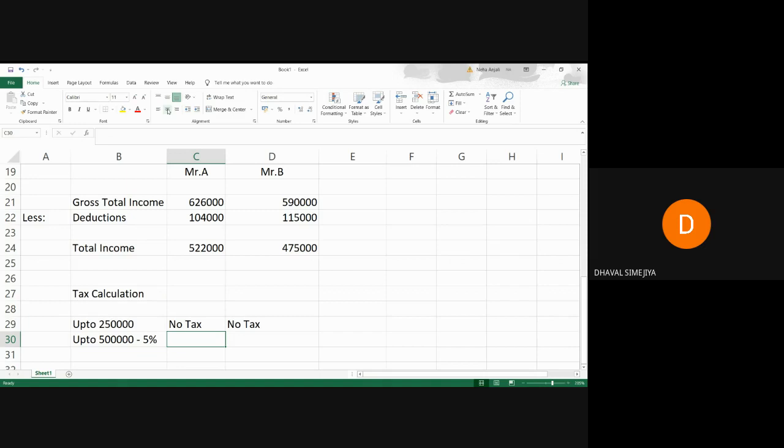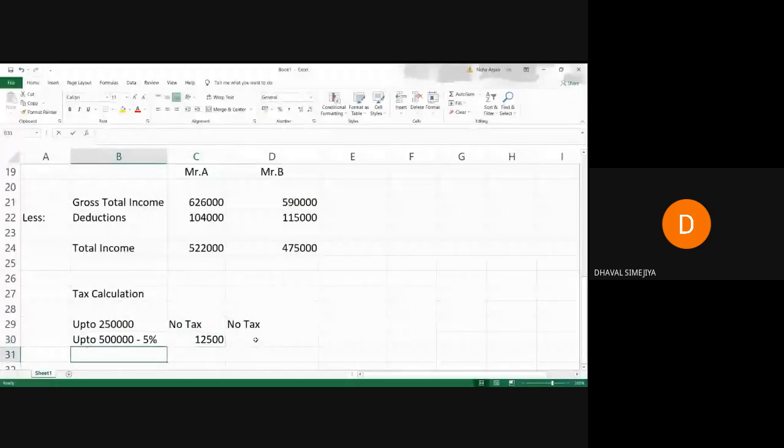But up to 5 lakh means first 2,50,000 no tax, but beyond 2,50,000 and up to 5 lakh rupees, 5%. So 5 lakh minus 2,50,000 rupees multiplied by 5%. So the tax will be 12,500.